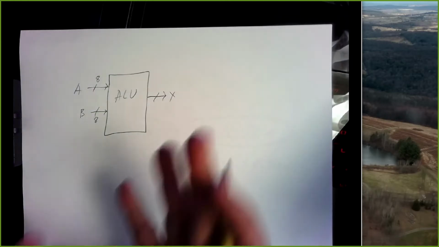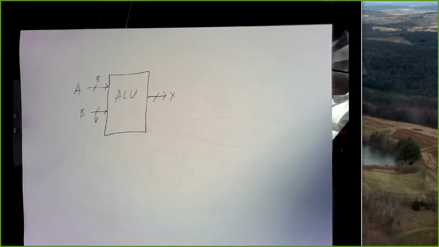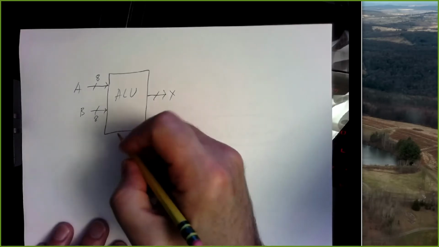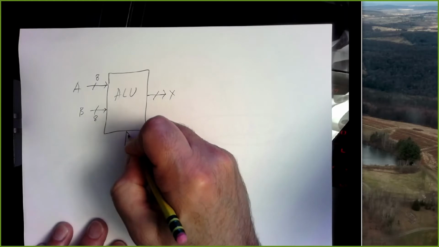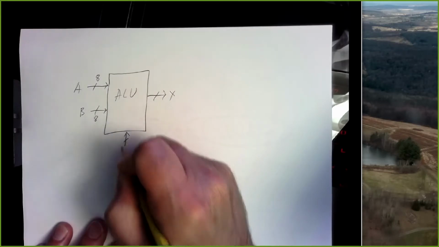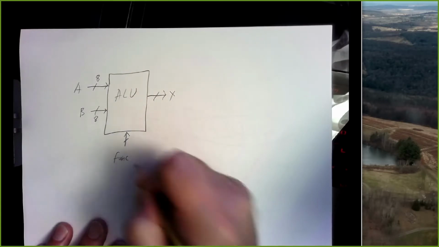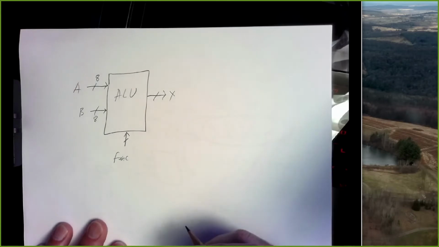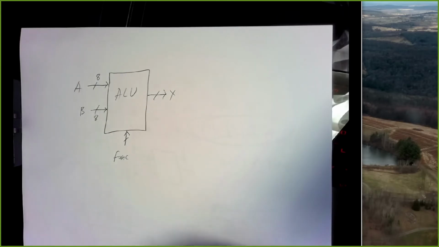But this is a block of logic that can do different things to A and B. For example, it can add them, it can subtract them, and it can multiply them. And so we need to have some sort of input saying what function we want to perform. Well, our ALU can add, subtract, or multiply. How many bits do we need to represent those 3 possible choices?